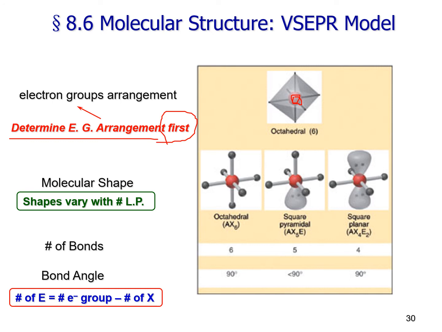All we have to do is count how many electron groups we have on the central atom. We determine the arrangement, then we go to the shape from top down. That is the priority. We have to determine this first.